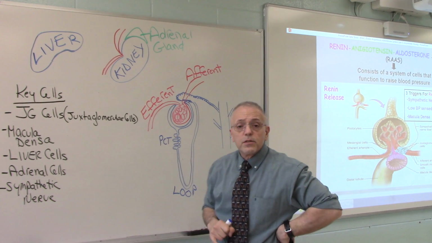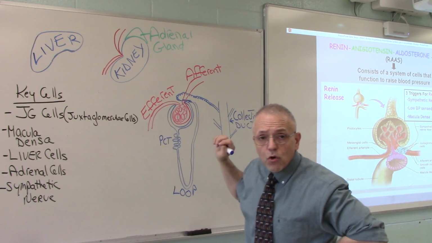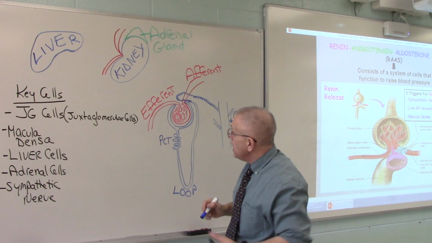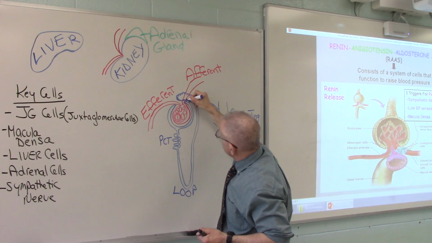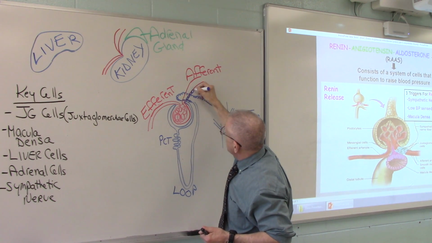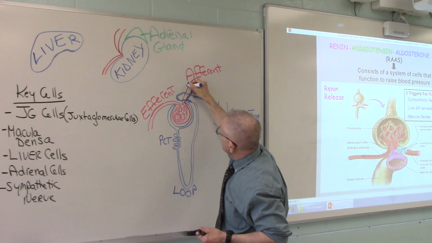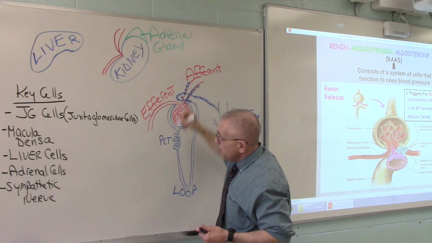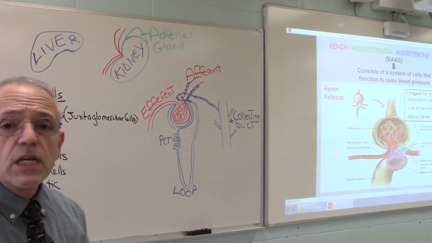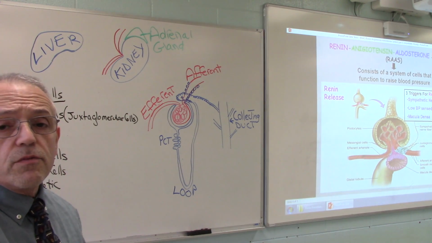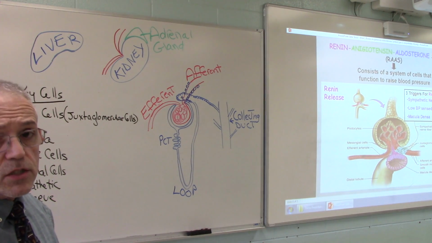The vessel delivering blood away from the renal corpuscle is called an efferent vessel. And these juxtaglomerular cells are special smooth muscle cells that are mainly part of the afferent vessels. There are some JG cells that are part of the efferent vessel, but they are mainly part of the afferent vessel anatomy.